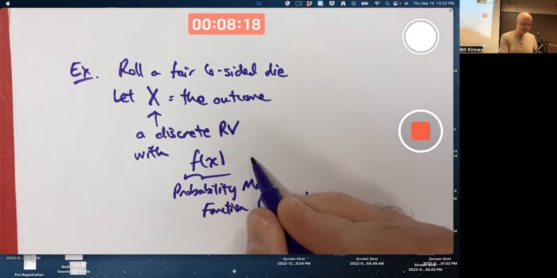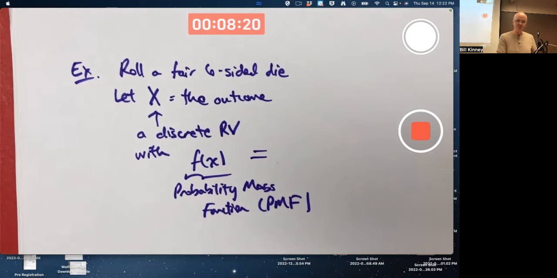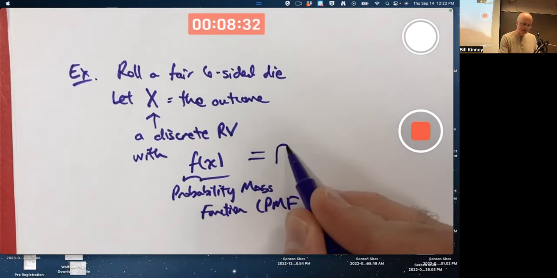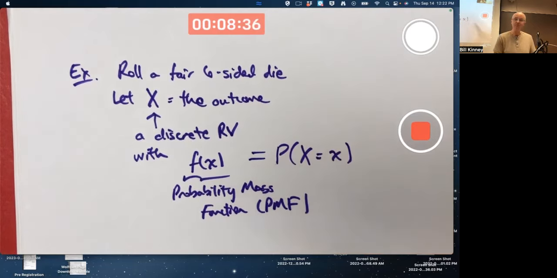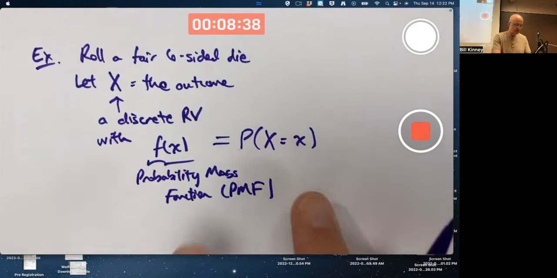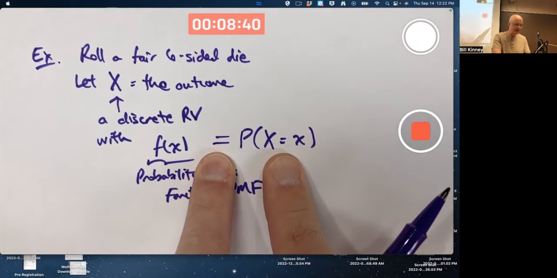What's the probability mass function going to be in this case? Well, if it's a fair six-sided die, each side has the same likelihood of occurring, 1/6. This is going to give the probability that capital X equals little x. Don't get confused by the two equals signs.